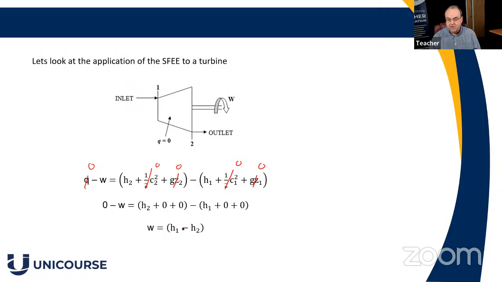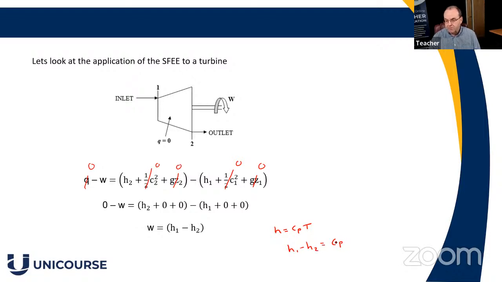Now, enthalpy, you may not have come across that term before, but the enthalpy is simply the specific heat at constant pressure times the temperature. Enthalpy H is equal to specific heat at constant pressure times the temperature. So H1 minus H2 is simply specific heat at constant pressure for that fluid.